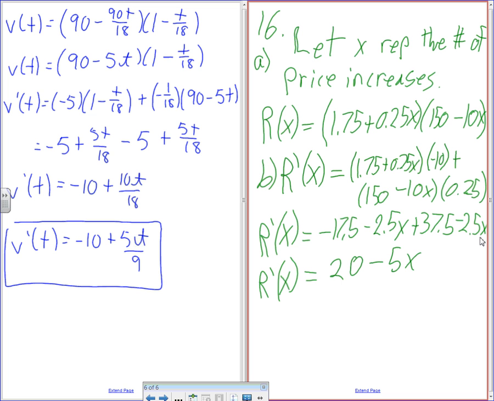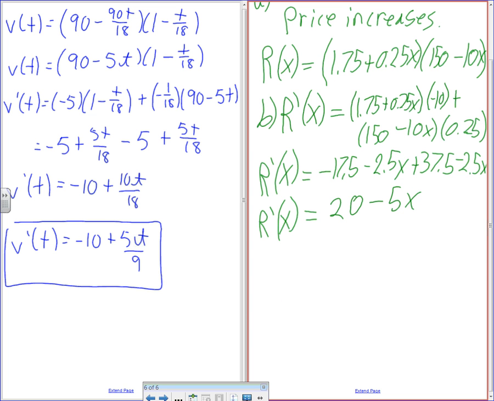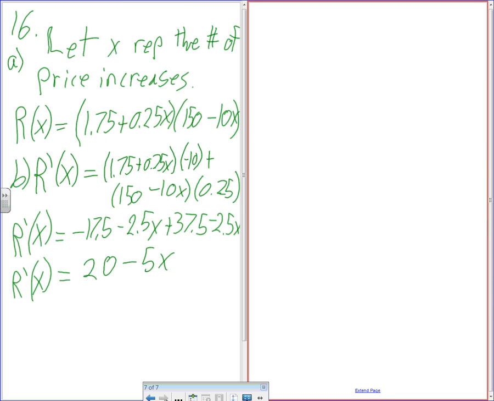Alright, so this would be the rate of change of the revenue equation.